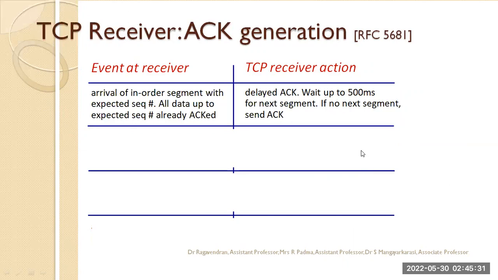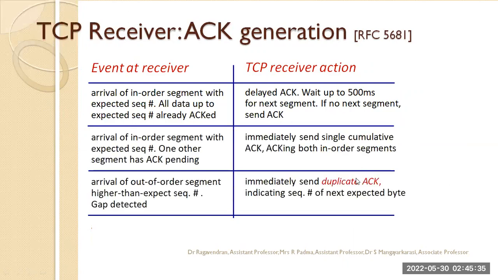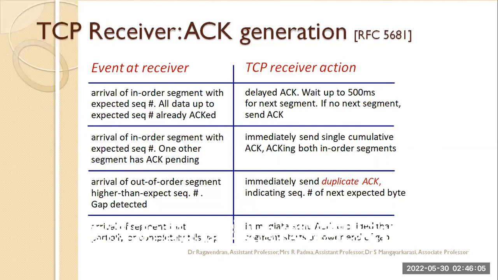If there is no next segment, send the acknowledgement. On arrival of an in-order segment with the expected sequence number where no other segment has an acknowledgement pending, that is the case. On arrival of an out-of-order segment higher than the expected sequence number, a gap is detected, so immediately send a duplicate acknowledgement. It indicates the sequence number of the next expected byte.